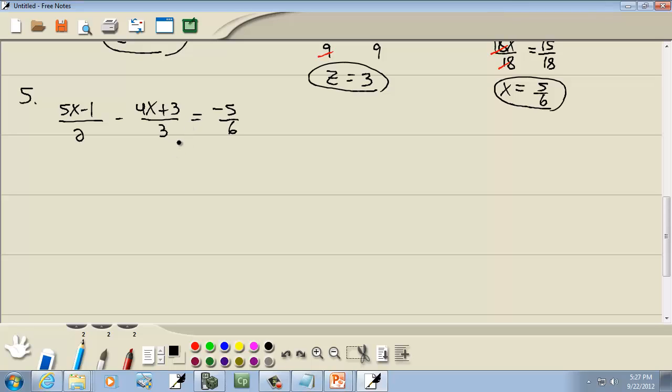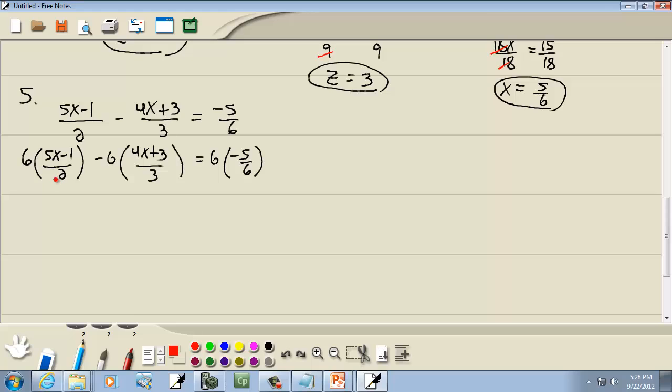Second step is get rid of fractions. We do have fractions, and we'll multiply everything by the LCM of all our denominators. Well, we got 2, 3, and 6. 6 is our LCM, so I'll multiply everything by that. So multiply my first fraction by it, and my second fraction, and then the fraction on the right side.